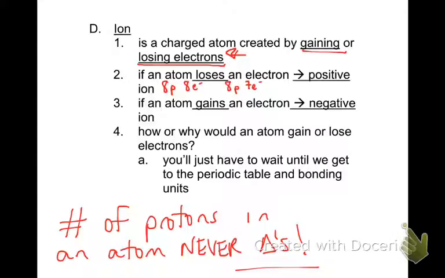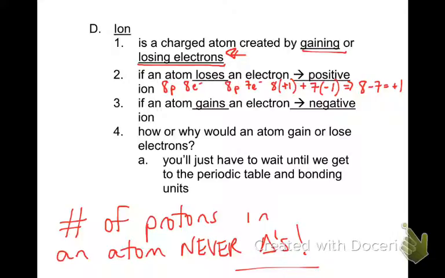So let's do some math. What's the charge of a proton? +1. So 8 protons that have a +1 charge. We then have 7 electrons that all have a -1 charge. When we do that math, we get 8 minus 7, leaving us with an overall charge of +1. So the math tells us what happens to atoms that lose an electron. If you lose an electron, it becomes a positive ion.